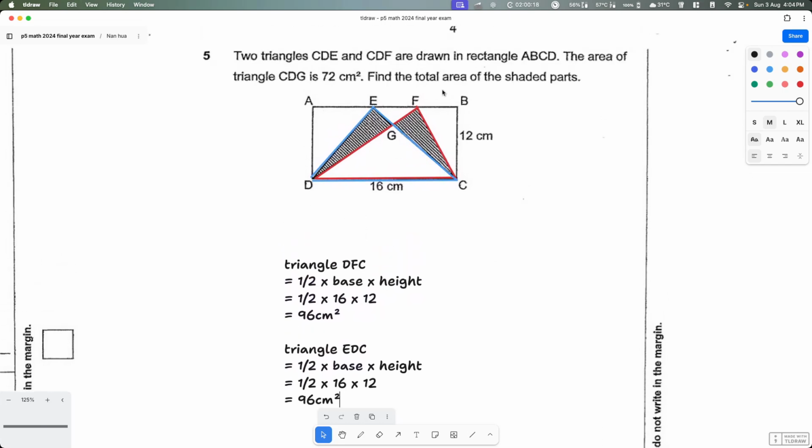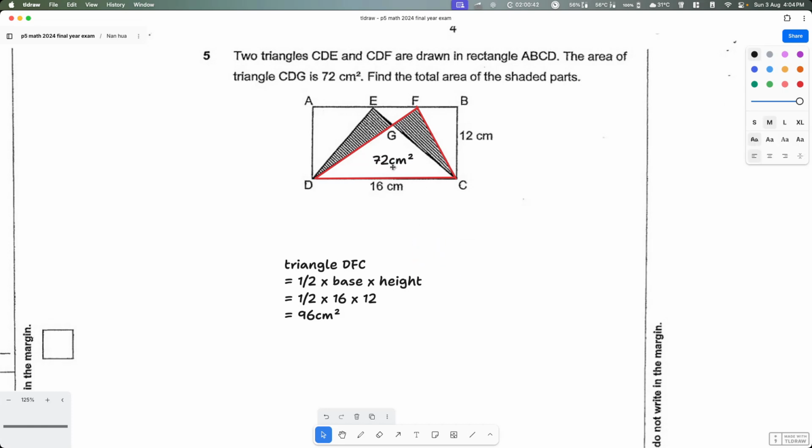But before that, to get the shaded area, we know that 72 centimeter square is the white one in the middle.